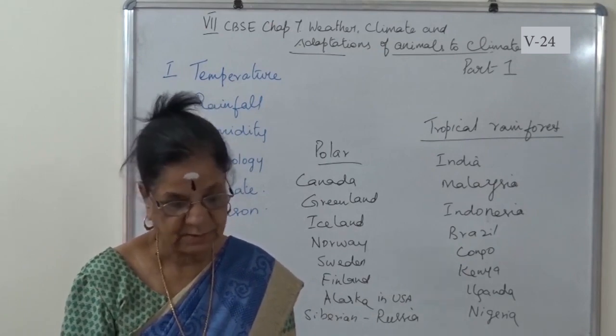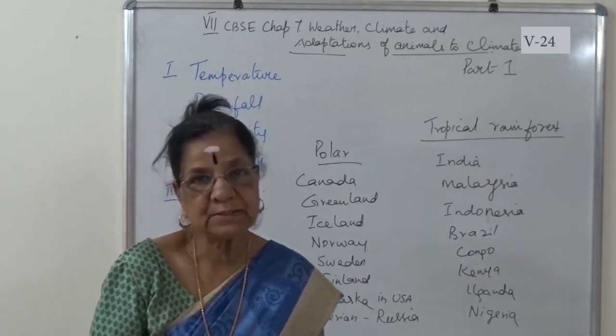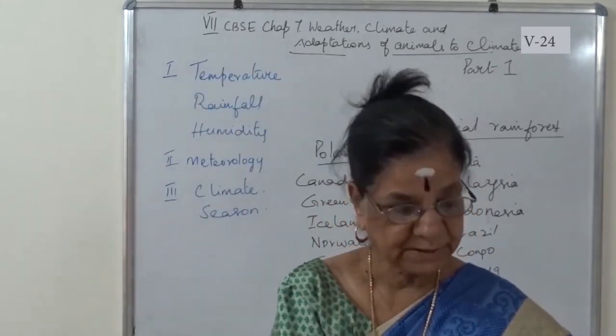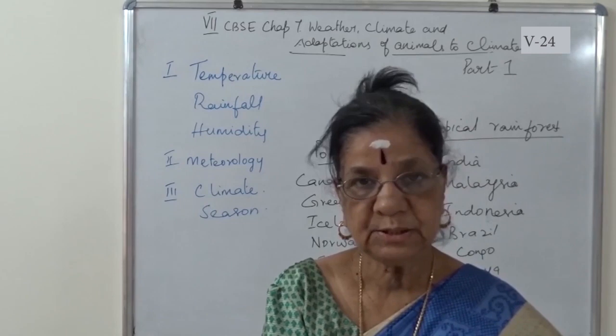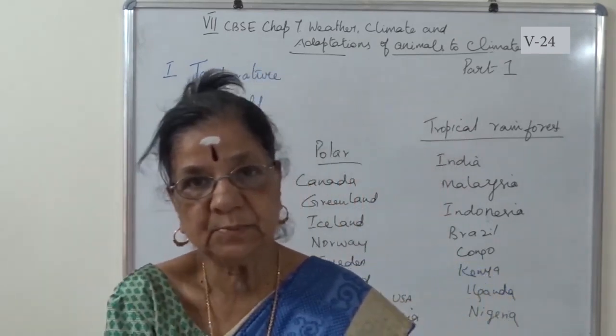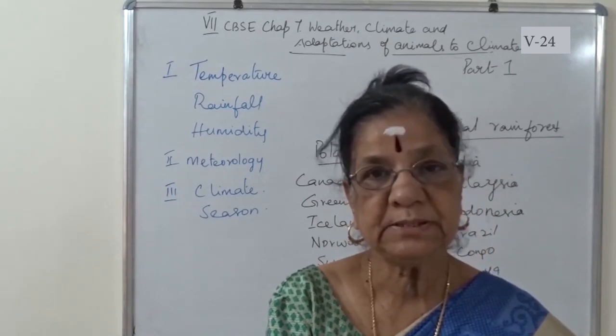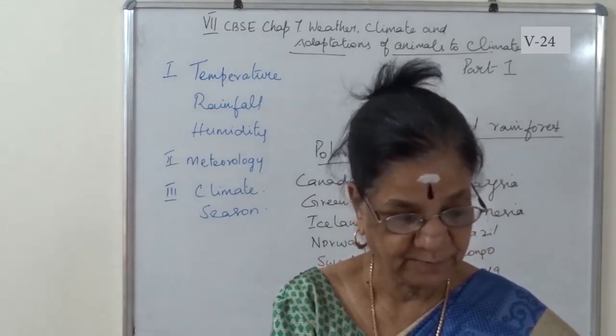Then we'll come back to elements of weather. First one, the temperature. What have we said about temperature? The earth is, it's not in our book, just listen. The earth is 150 million kilometers away from the sun.